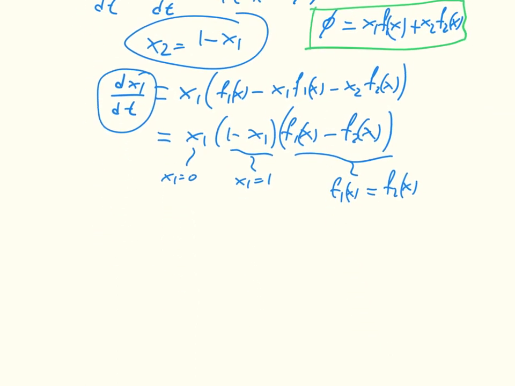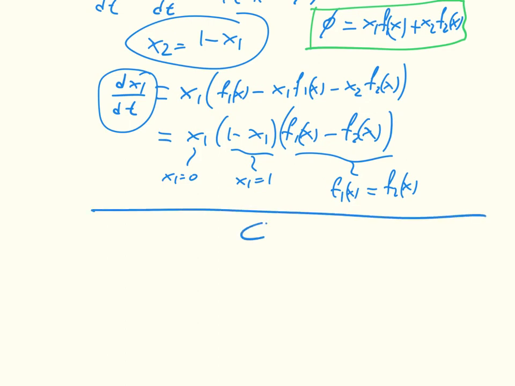And when we actually start talking about evolutionary game theory, we have a matrix A that is just going to be our utilities. And the idea is that the fitness of individuals of the first type is given by the first row, and the fitness of the individuals of the second type is given by the second row.